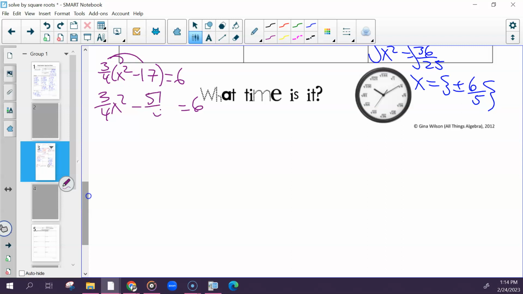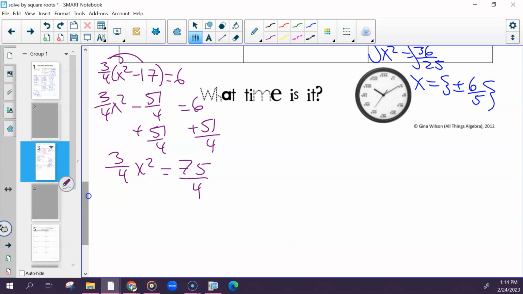So already not looking nice. And then add 51 over 4 to both sides. Uh, 75 over 4.